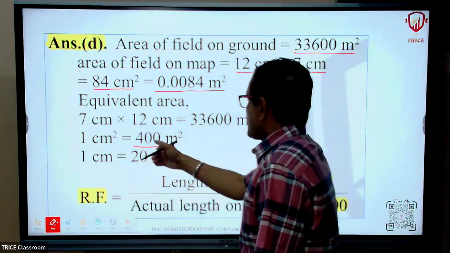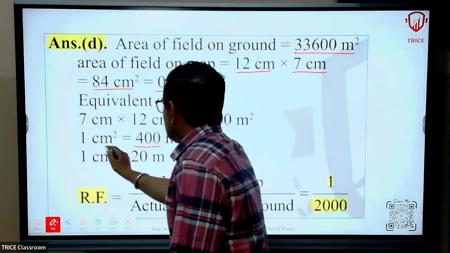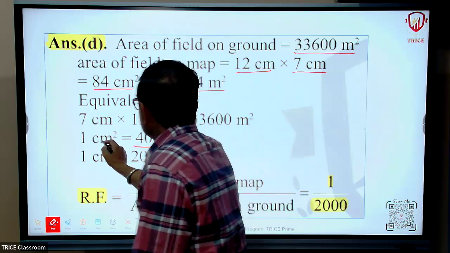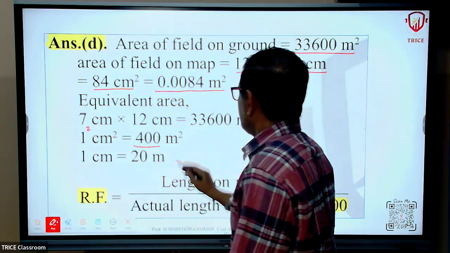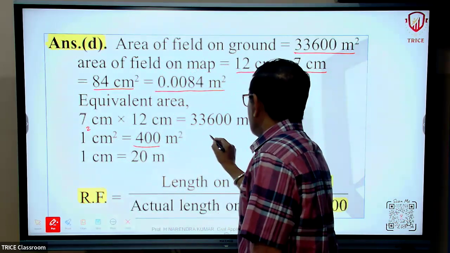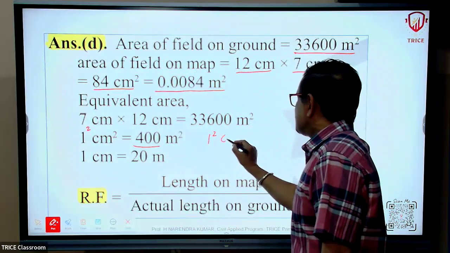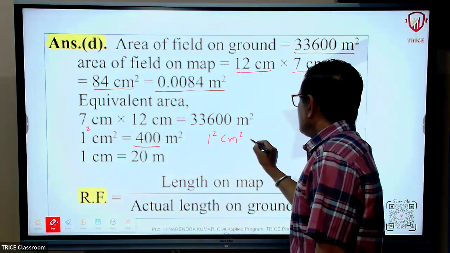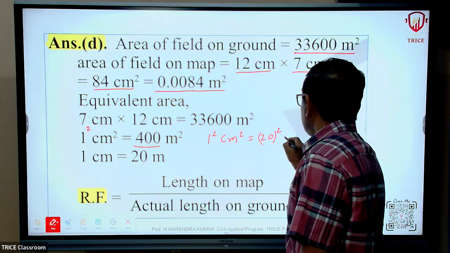So now if I take the square root, 1 centimeter square is 1 square centimeter square. I can write this as 1 square centimeter square is equal to 20 square meter square.